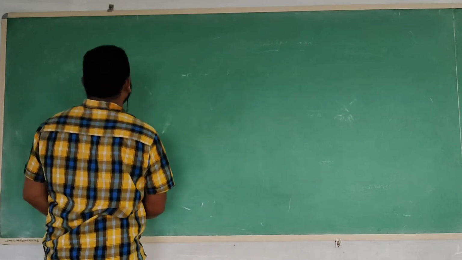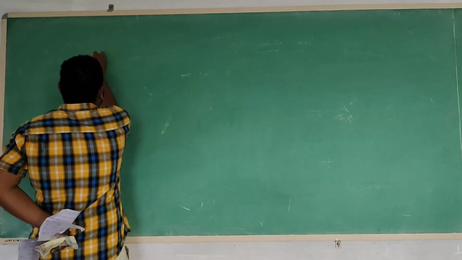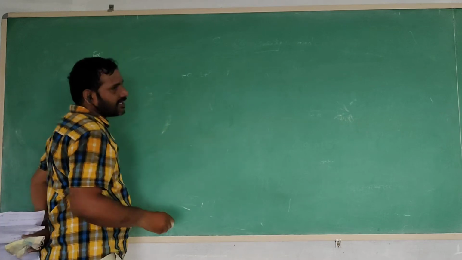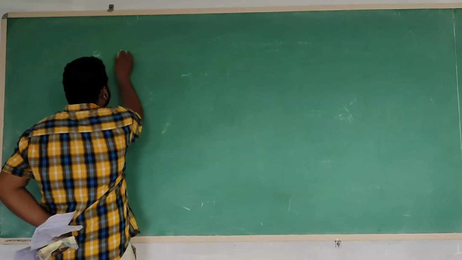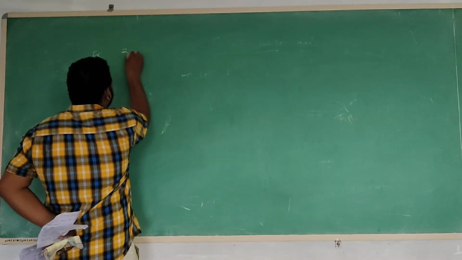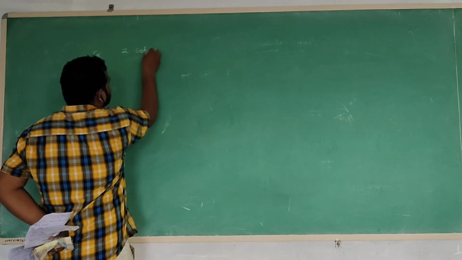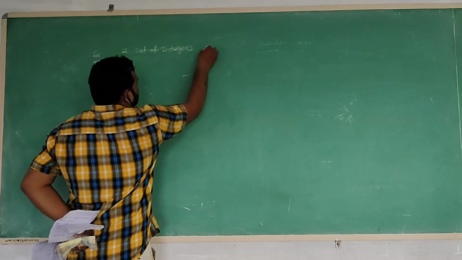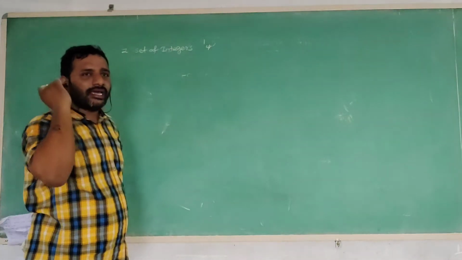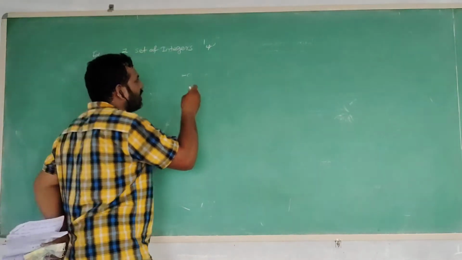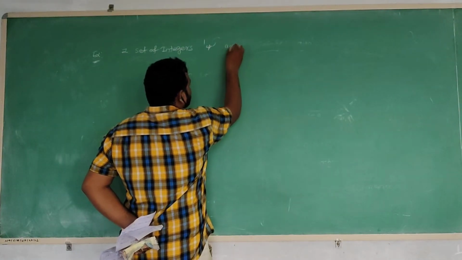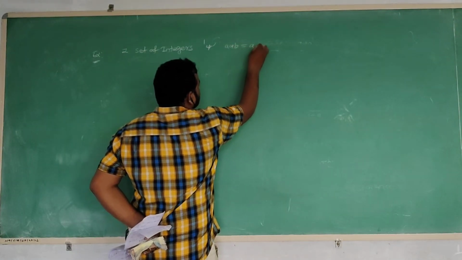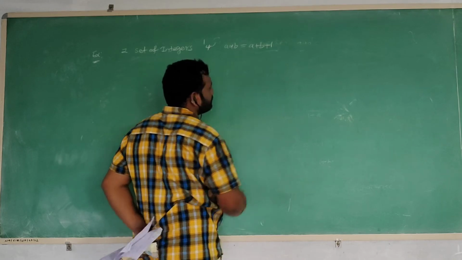Next example. Z is the set of integers, and star is an operation defined by A star B equals A plus B plus 1.